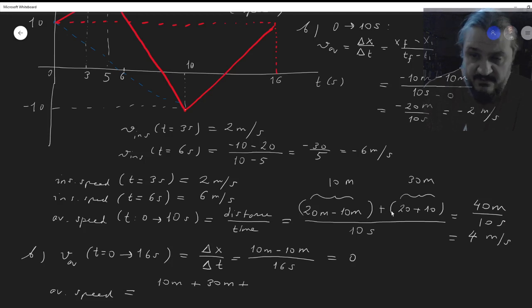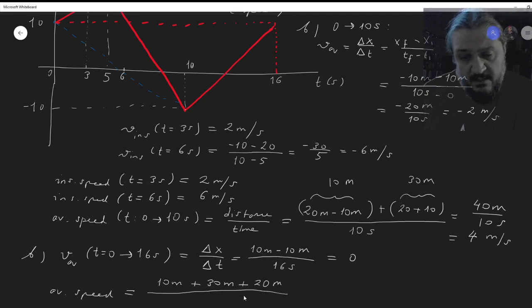We already talked about that. And finally, we have 20 meters in the positive direction. Add all of them up and divide by 16 seconds. This will give you the average speed. So I hope this one helps.